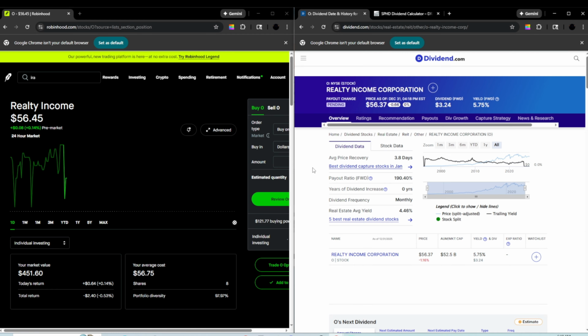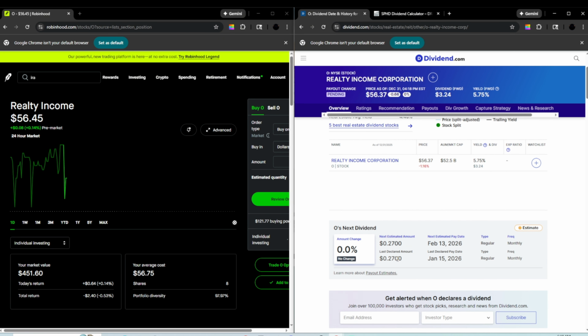So if I take O and bring it here, I can see that my yield is 5.75%. My monthly is 27 cents. So if you times that by 225 shares, it's about $60 a share.